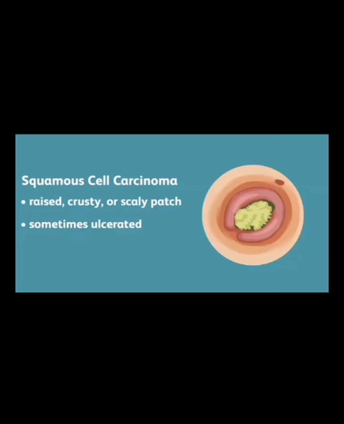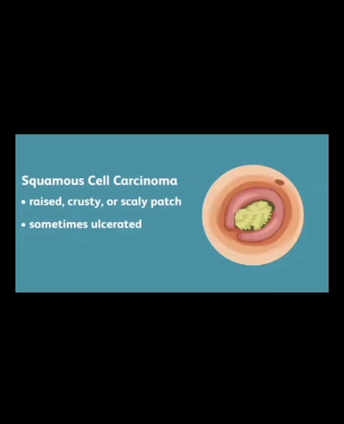It will be raised lesions, with scaly patches or crust formation, and sometimes ulcerated, and most of the time this ulcer will be non-healing. Based on the area where the lesion occurs, the characteristics may vary. Usually in the skin, these are the clinical features.